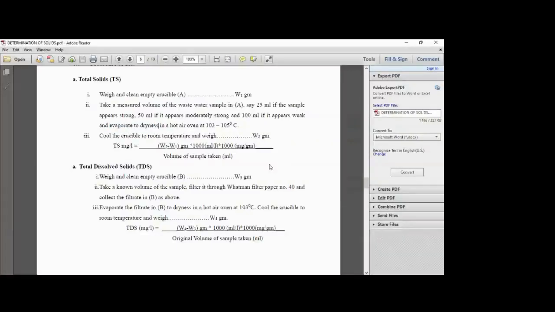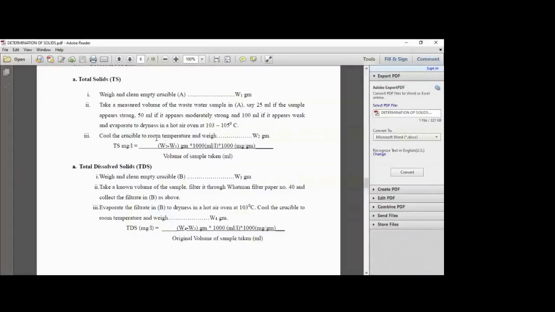For some of the wastewater samples, we even have to keep it for 24 hours. So normally we need to keep it for 24 hours, and because of that, all the water will evaporate, and we'll get a dry sample.